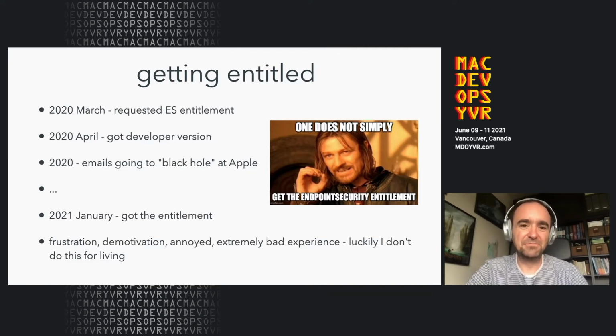So if you need it and have plans to develop a security application, then be sure to request it early. And you also need to start writing the application, because as I understand, you kind of need to show Apple that you have intentions of using the entitlements.